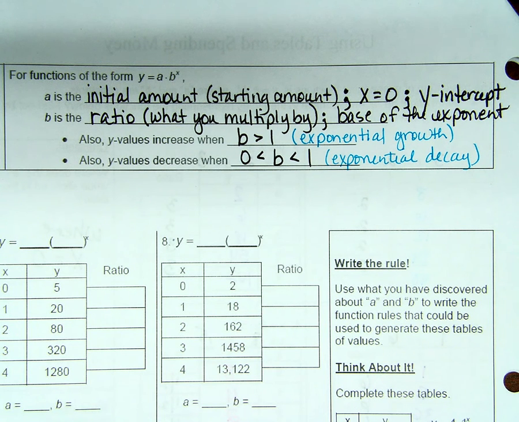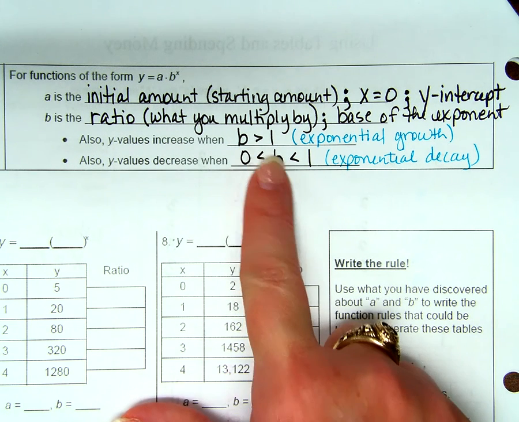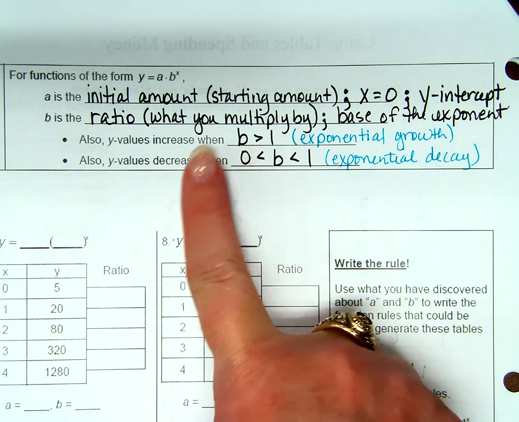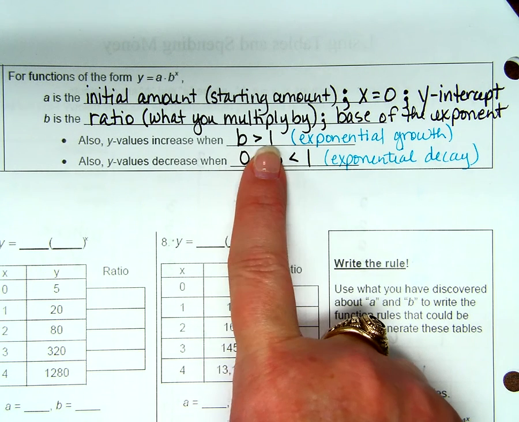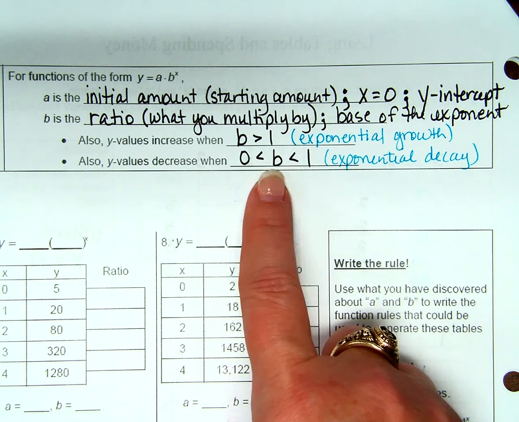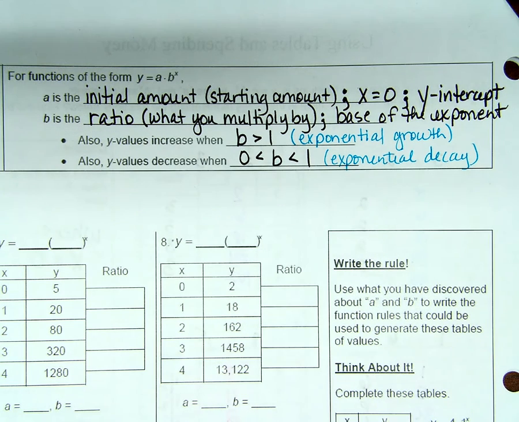What do you think people get most confused about? Typically these. Remembering that y values are increasing when b is greater than 1, and y values are decreasing when b is between 0 and 1. Sometimes they get these switched, whether which one's called decay or which one's growth. You okay? But not you guys. You guys understand that, right?